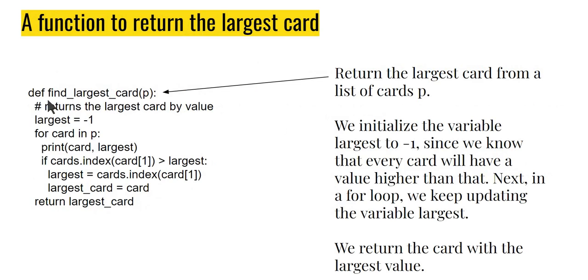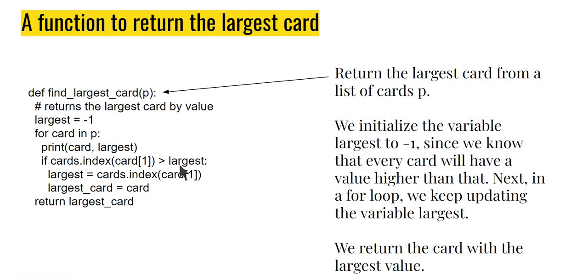So I'm going to write a function here, define largest card. P is going to be a list of cards because I'll pass this list to the function. I will do this by just basically saying, okay, let me go through every card in this list. And if this card is more than, let's say, the previous largest value, then this must be the largest card.